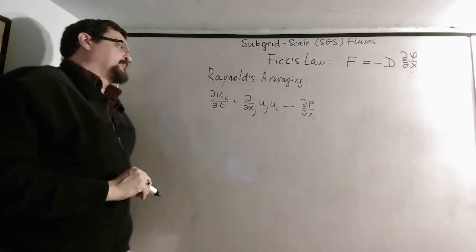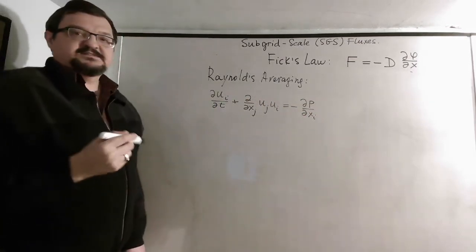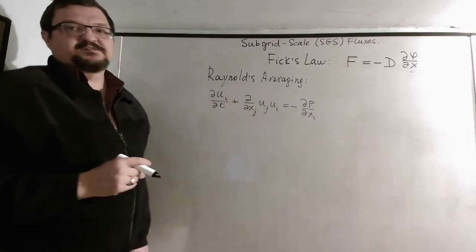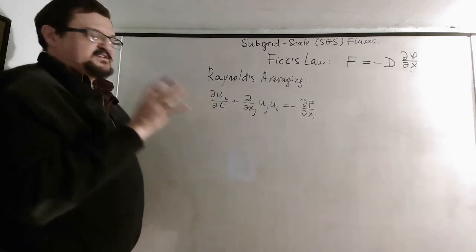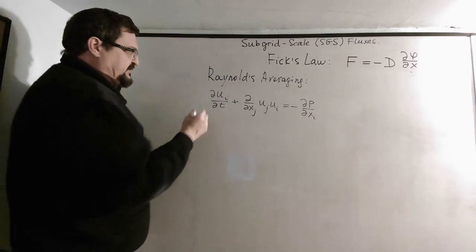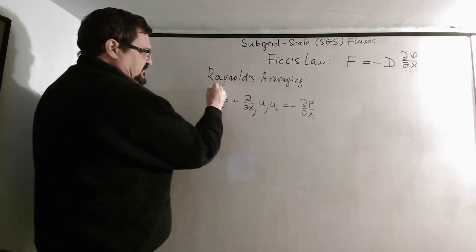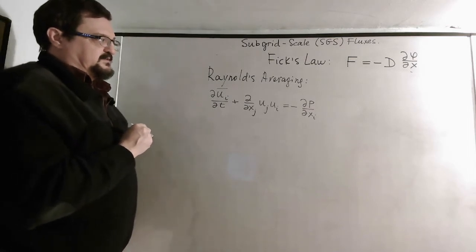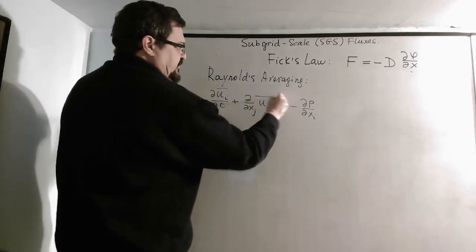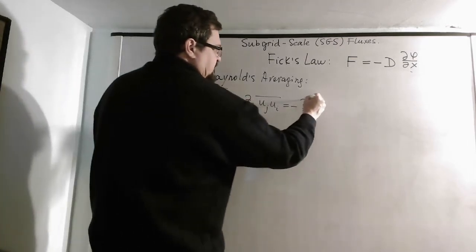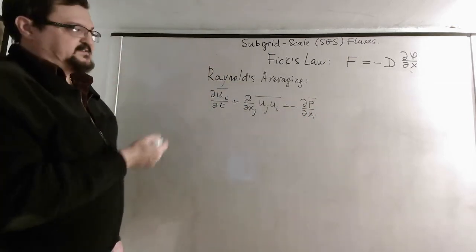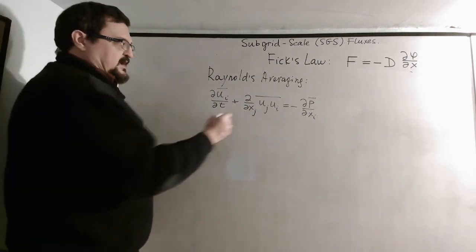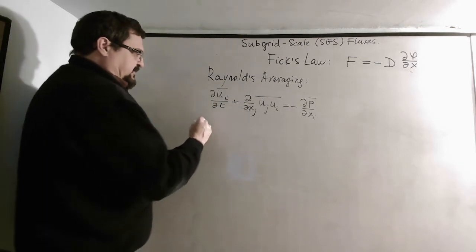So now let's average this equation with respect to a grid cell. Let's derive an equation for the grid cell. For the grid cell, we just need to average. So we'll have, according to our Reynolds averaging rule, a term like this, then a term like that, and then a term like this. So everything is nice. Let's look at this term a little bit more carefully.